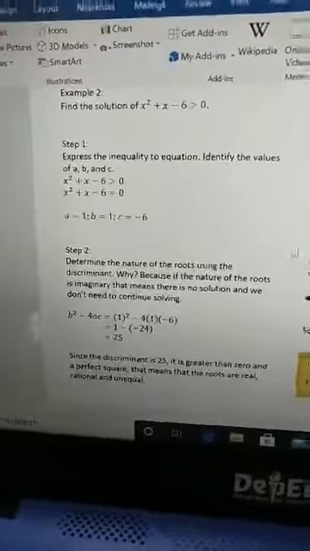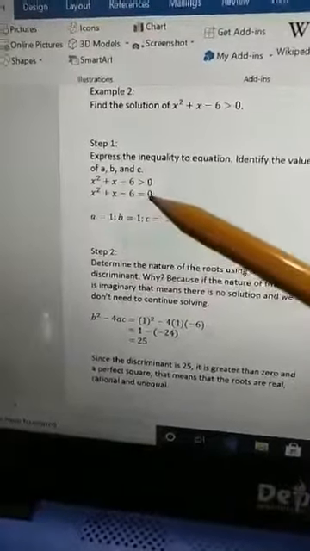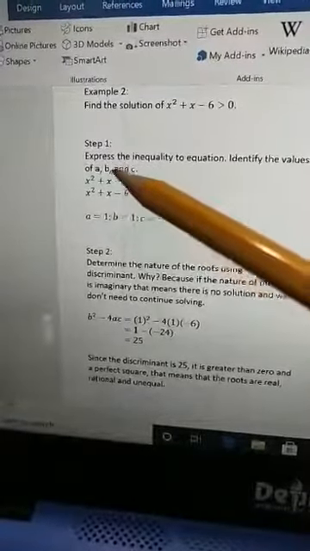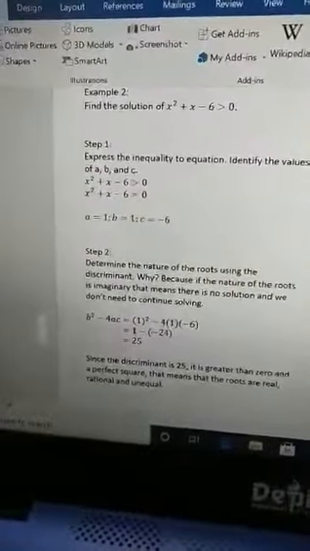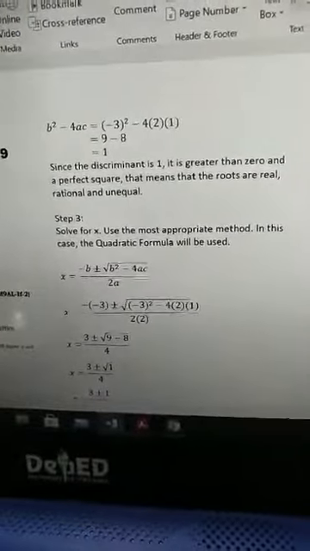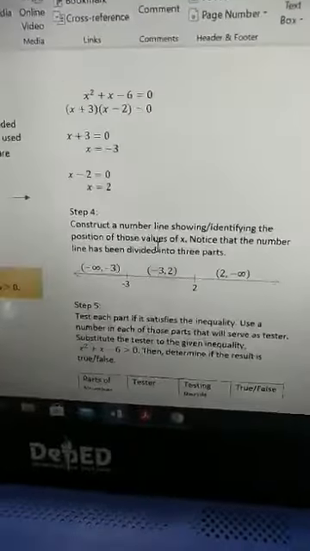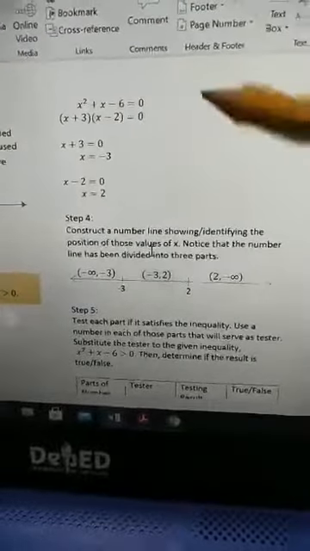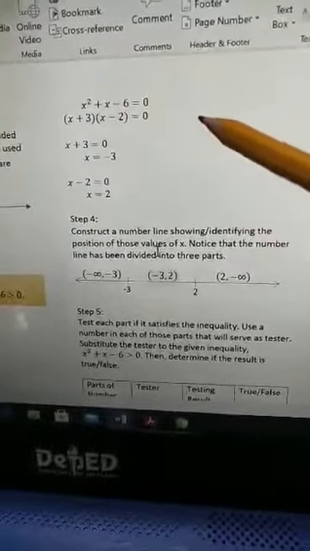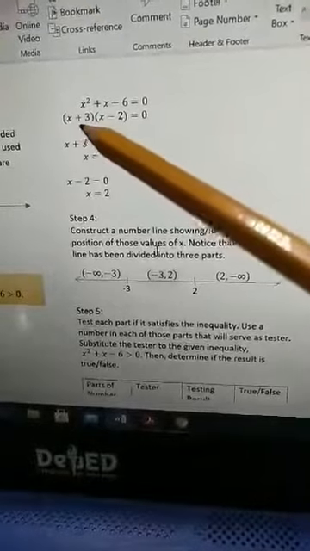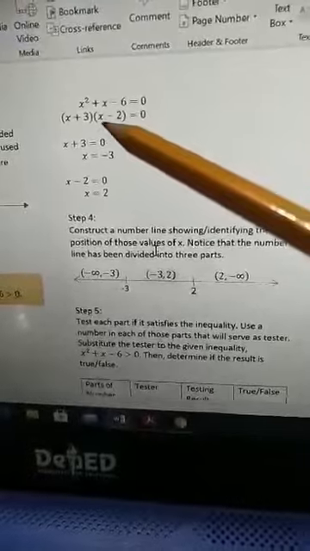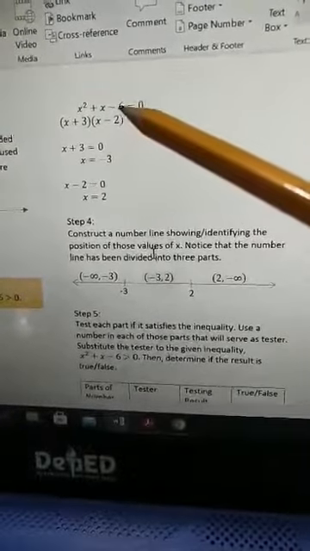And then I noticed right away that 6 is easy to factor, right? 2 times 3. So we know right away what to do. So we factor: the quantity x plus 3 times the quantity x minus 2 is equal to 0.